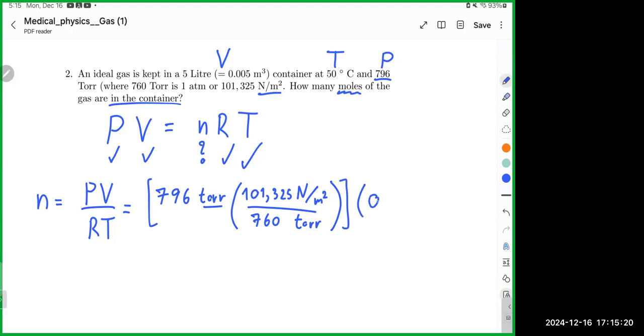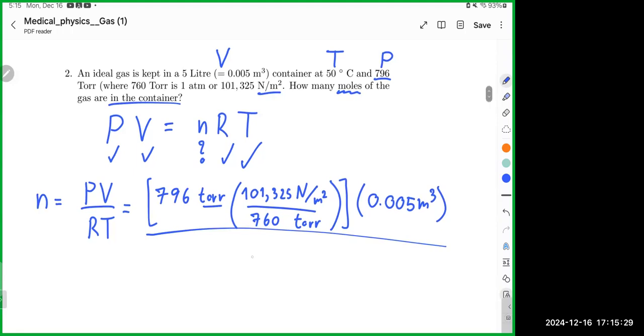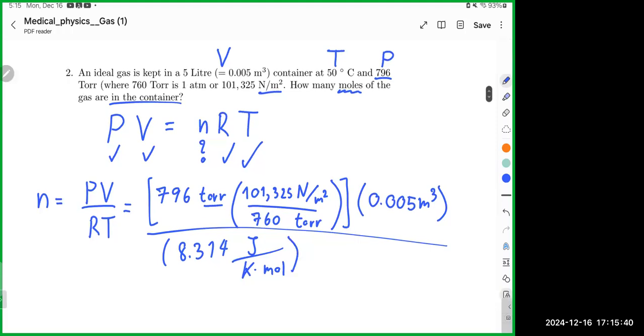And the volume, luckily, they already give us in SI units. And the R is the same, 8.314 joules per Kelvin mole here. And for the temperature, you have to add 273 to convert it into Kelvin. Just it. Okay?